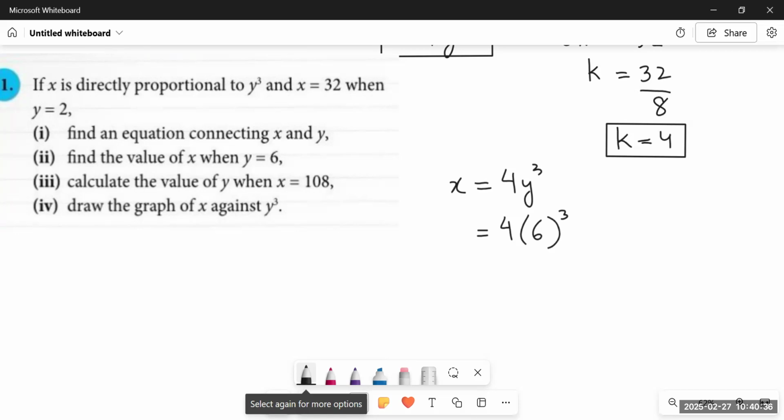So first we find the cube of 6. For that, we multiply 6 with 6 with 6. 6 6s are 36 and 36 6s are 216. After multiplying 6 three times, we get 216. Now we multiply it by 4. So the answer to this would be 864.